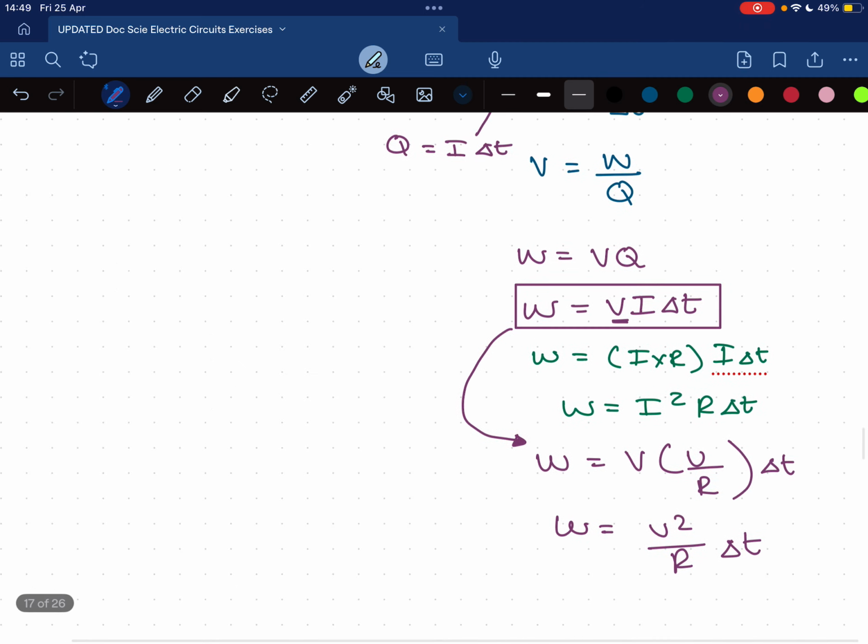So now these equations are basically used in order to help us figure out more of these power equations.